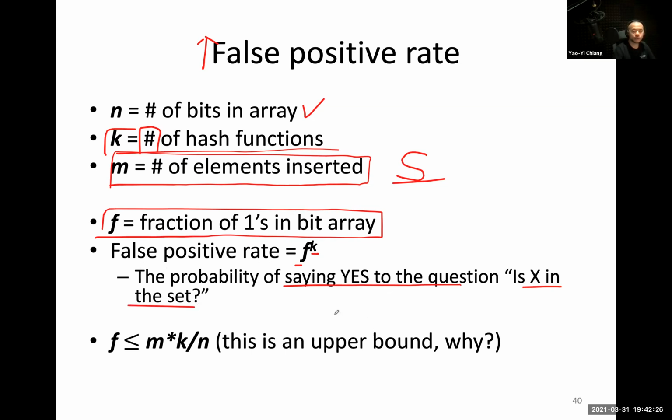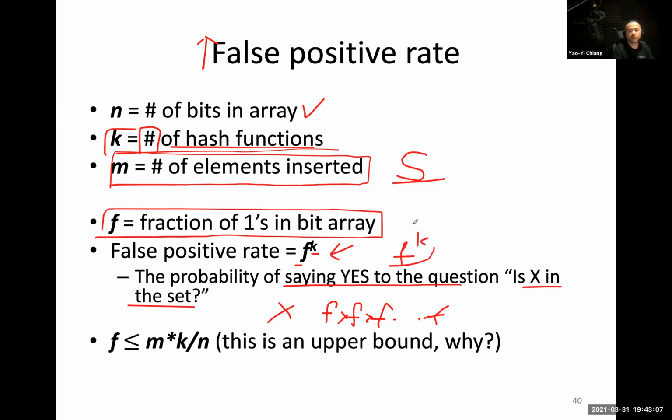When a new element X comes in, you use the hash functions to hash it and see if you have a 1. The probability of seeing a 1 is F for the first hash function, F for the second hash function, and so on until the last hash function. So if you have K hash functions, the probability of saying yes is F to the power of K.